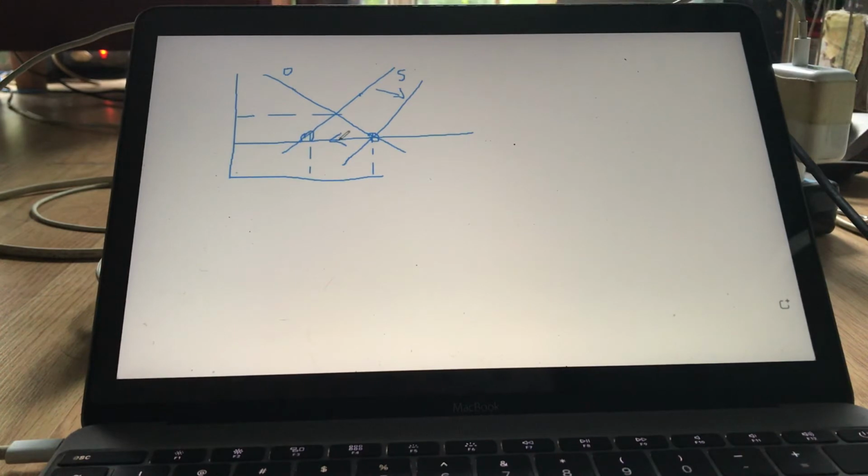And when we have this, the domestic currency is overvalued, right? Overvalued. In other words, the foreign currency is undervalued. So you should be familiar with whether the central rate is higher or lower than the equilibrium rate.